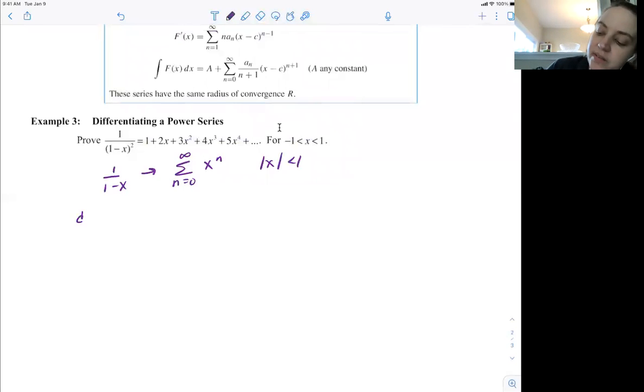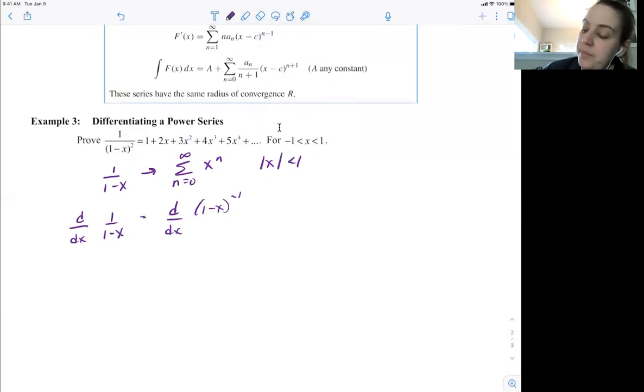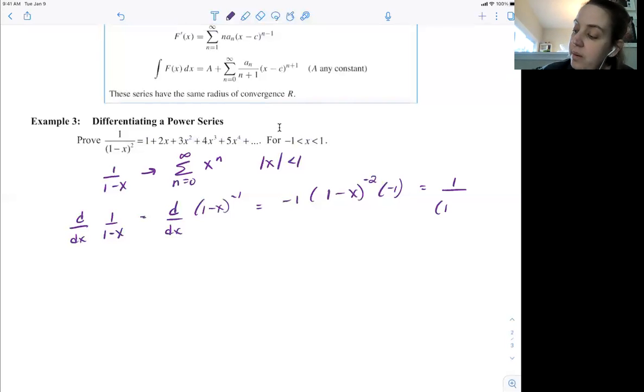If I find the derivative of 1 over 1 minus x, that's really the derivative of 1 minus x to the negative 1. And if I use a chain rule, that would really be negative 1, 1 minus x to the negative 2 times another negative 1 by the chain rule. So this would be a positive 1 over 1 minus x squared, that quantity squared. Well, that's what we've got here. So this is the derivative of a power series.